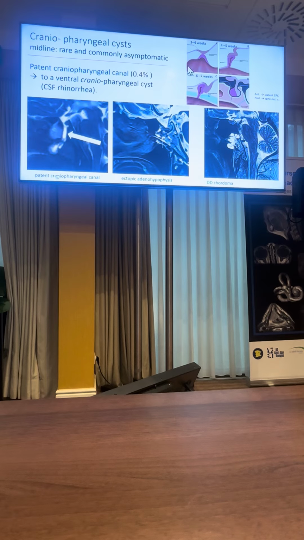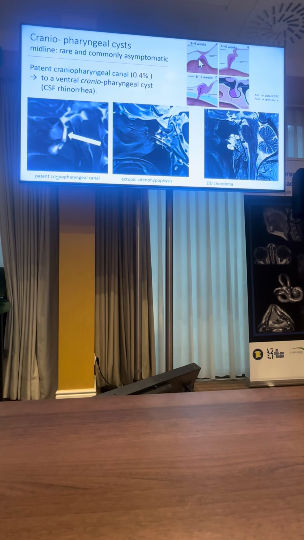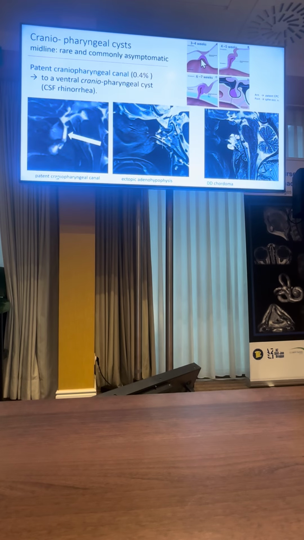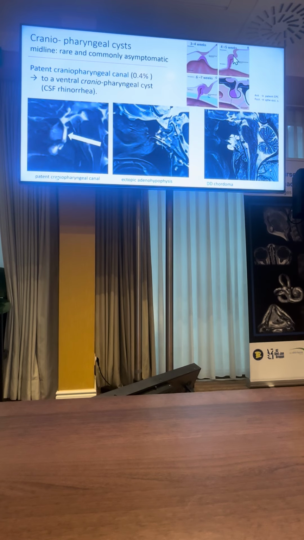You may remember that we have the formation of the anterior pituitary lobe derived from the nasopharynx, so we call this the stomodeum. At 3 to 4 weeks, it starts indenting into the sphenoid mesenchyme. It connects to the diencephalic prominence, the diencephalic prominence is the posterior lobe.